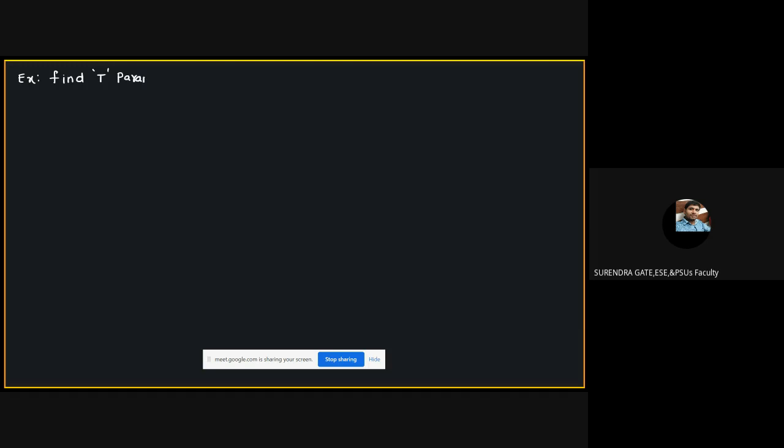This is admittance that is given in mho. For this network, find the T parameters.